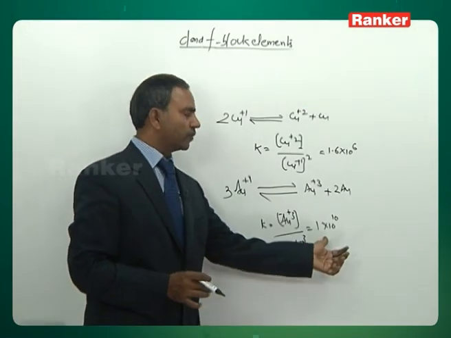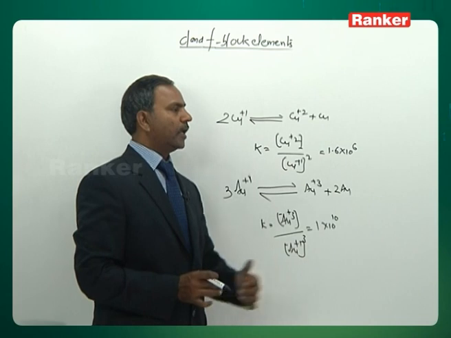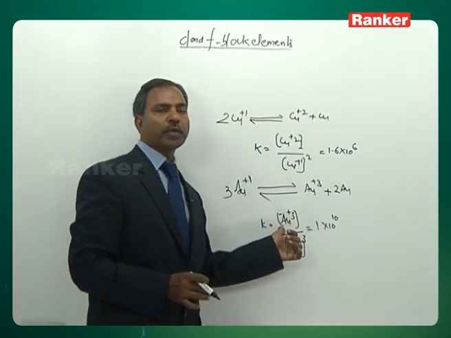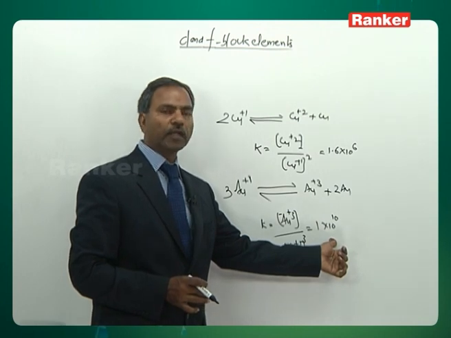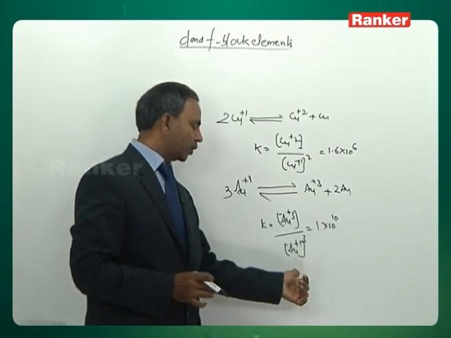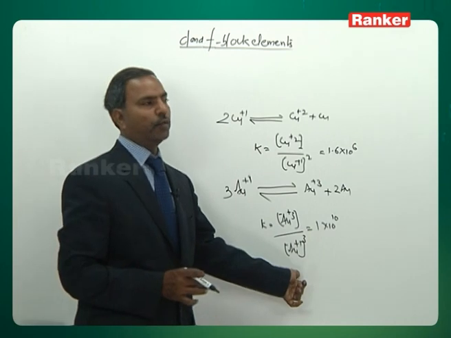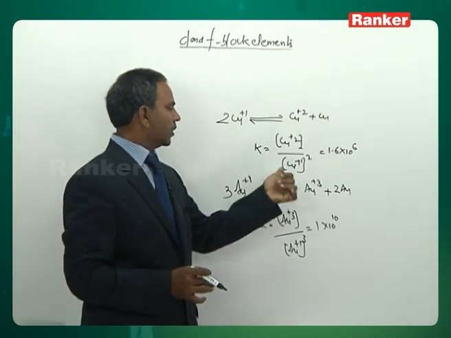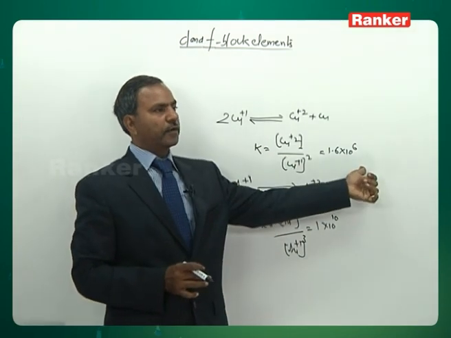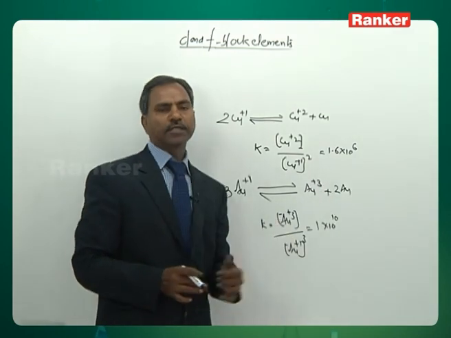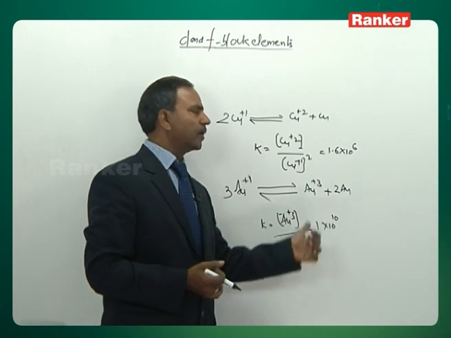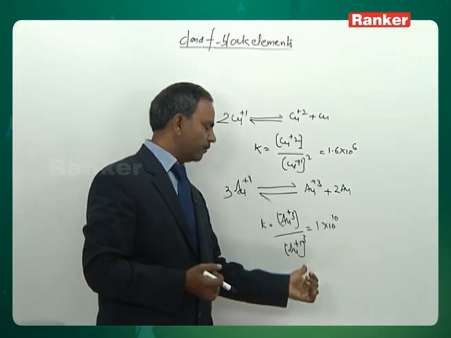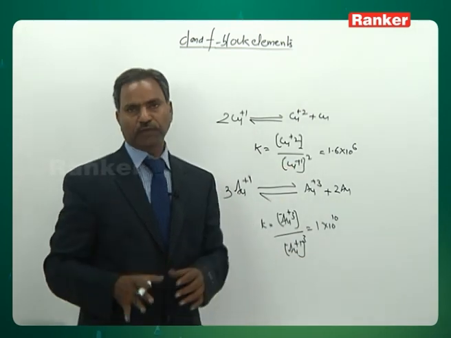Imagine, it is a very big value, meaning in aqueous solution the Au3+ concentration is in millions and billions compared to Au+. Therefore, the Cu2+ and Au3+ concentrations are both many times greater than the Cu+ and Au+ concentrations in aqueous solution.